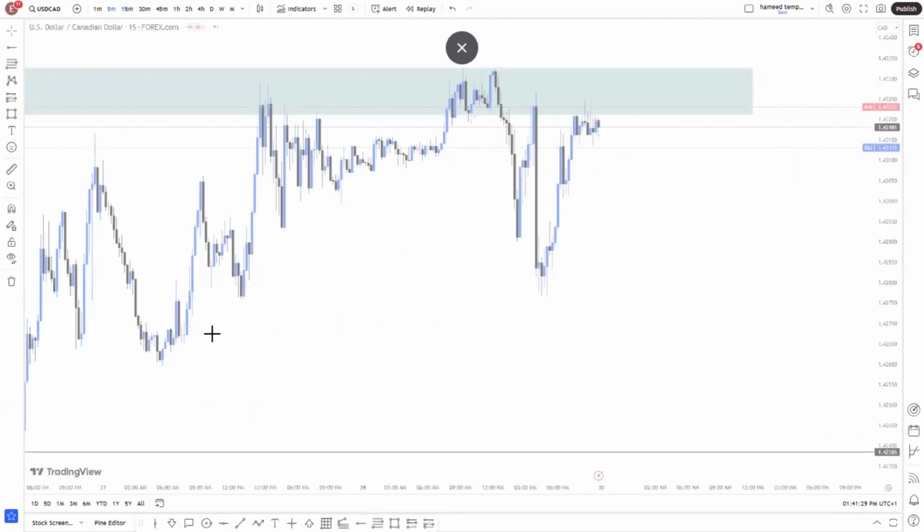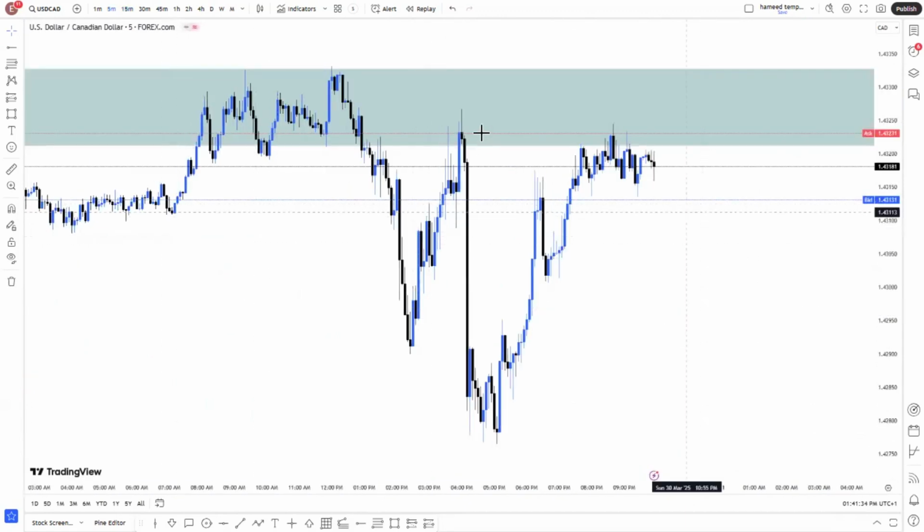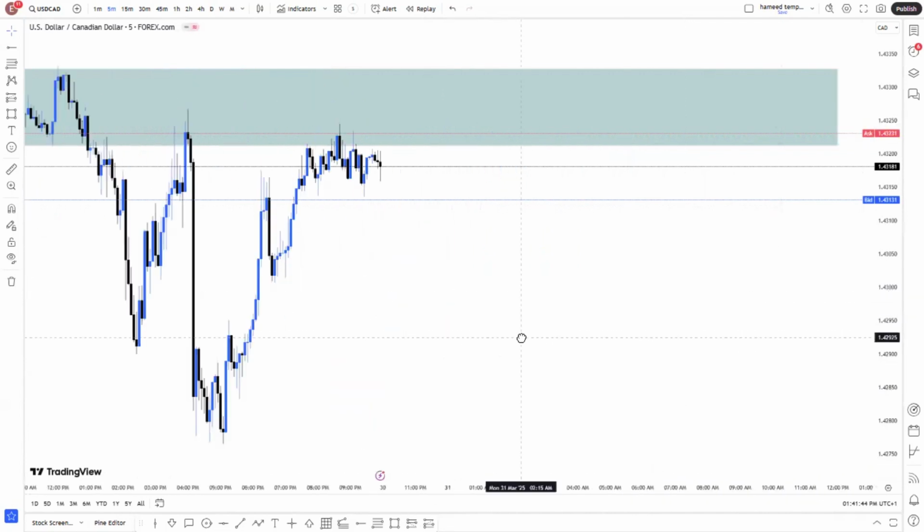Coming down to 5 minutes. Now on 5 minutes here, I'm having this order block here before this massive move to the downside. The market has come there. Let me adjust this.